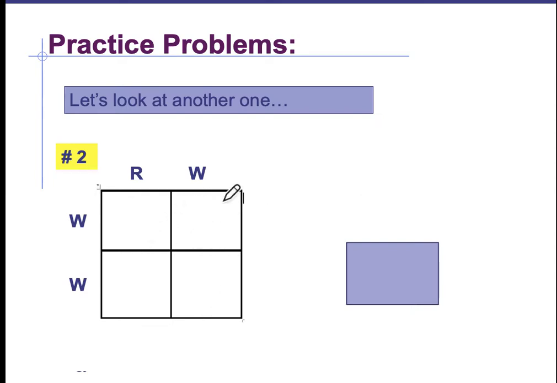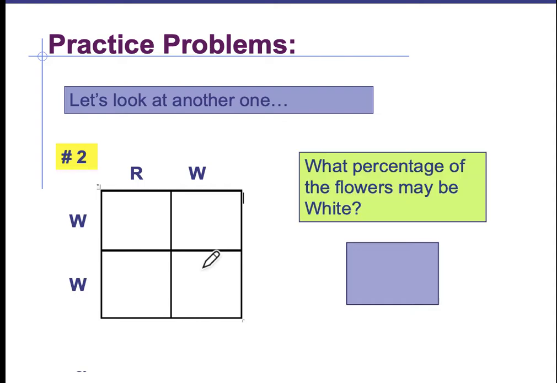All right, so now that you've filled this in, the question you're asked is, what percentage of the flowers may be white? Now look at your squares. Remember, each square is worth 25%. So add your squares up, and that will tell us the percent that will be white. Put that into your note taker, please.